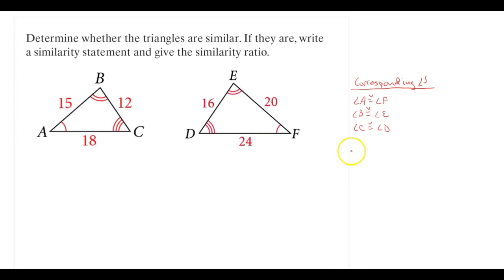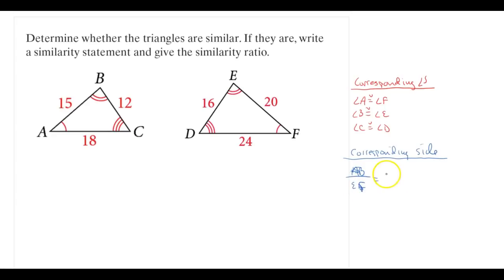So now we have to check for the corresponding sides, and we need to determine if the ratios of the corresponding sides are proportional. So what I do is I write the ratios of one triangle to the other. So right away, AB, I'm going to write the ratio of AB to what corresponds with AB, EF, sorry, AB is not ED, it's EF.